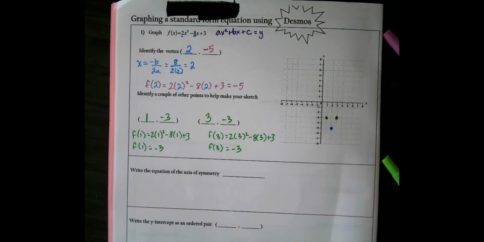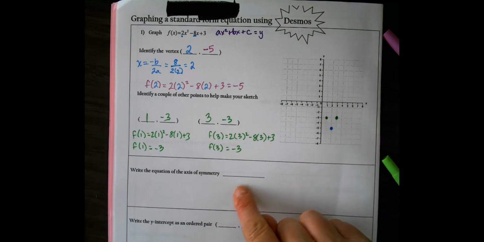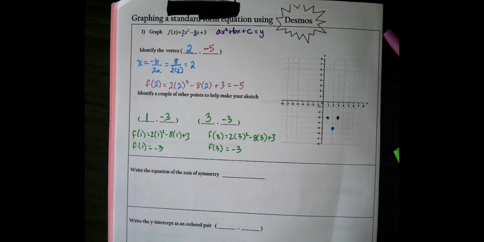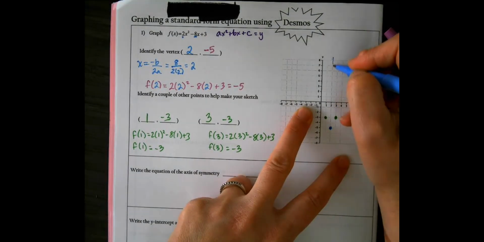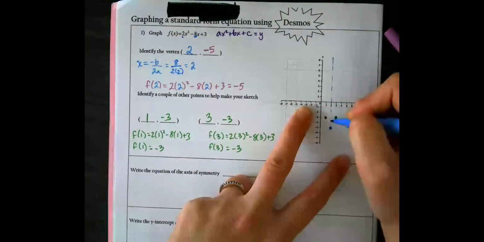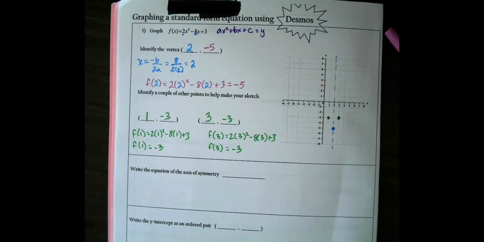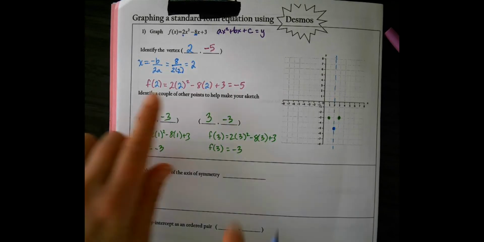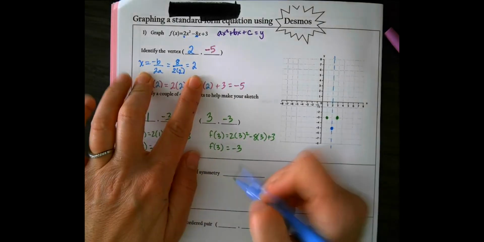So the equation of the axis of symmetry is where we would fold it so it matches up. And that is always going to go straight through the vertex. It's going to be a vertical line that goes straight through the vertex. And that means that it's an extremely easy thing to write because I already did it.